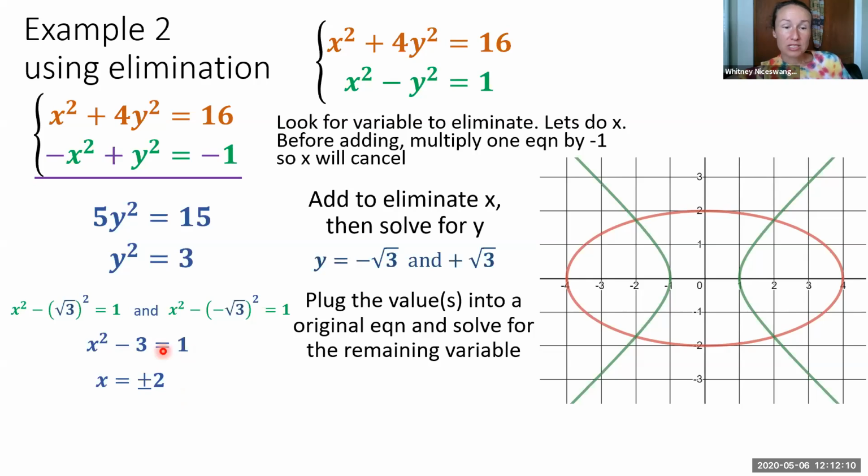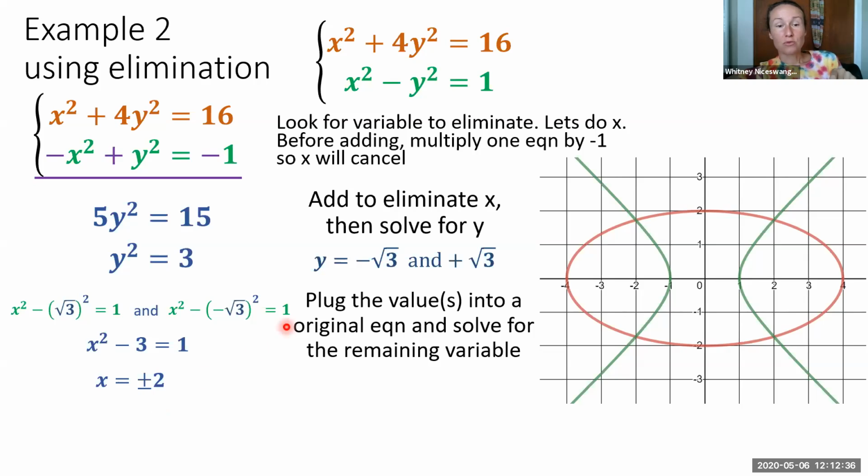When y is the positive square root of 3, x can be plus or minus 2. That's going to give us 2 solutions: negative 2, square root of 3 and positive 2, square root of 3.